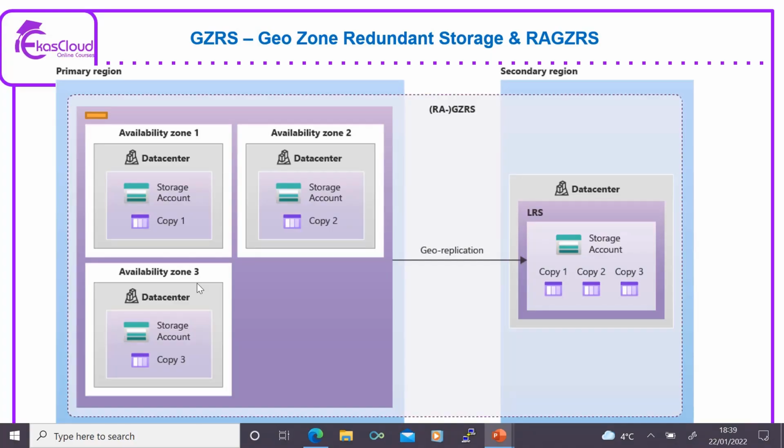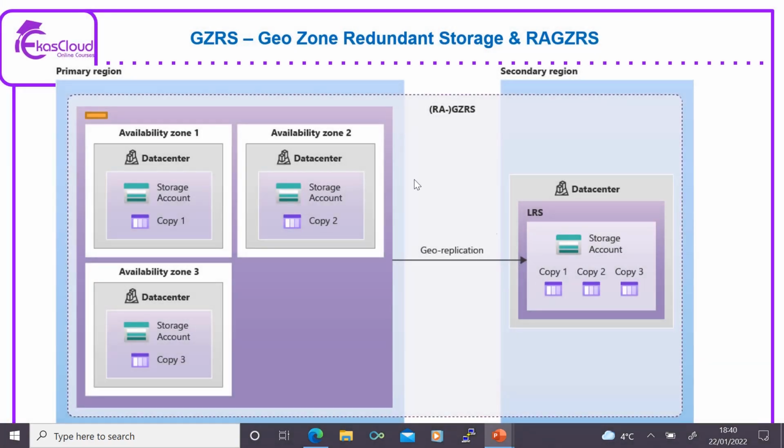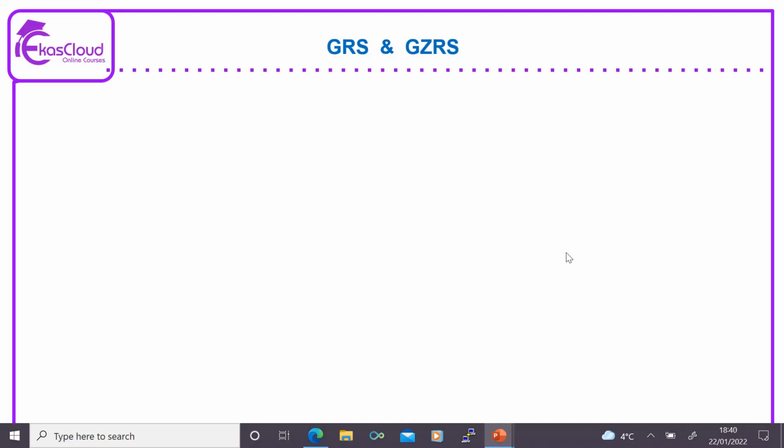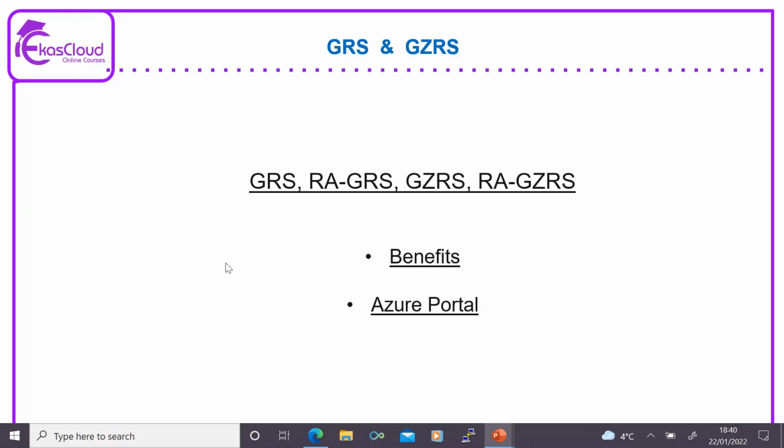So if we go to the previous 2 types, as you can see in GRS, in the secondary region your data is stored using the LRS model, as well as in the GZRS option. In the secondary region, your data is stored using the LRS model. So these are a couple of important considerations you need to make when choosing the right option for your applications.